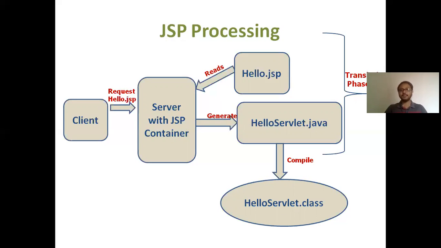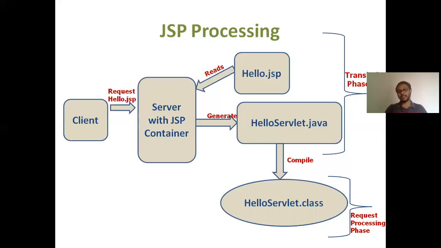Converting or compiling your hello servlet.java file to the hello servlet.class file, this particular phase can be called the processing phase. I can consider compiling a Java file, that means servlet.java file, to a .class file. This particular phase I can call the processing phase.